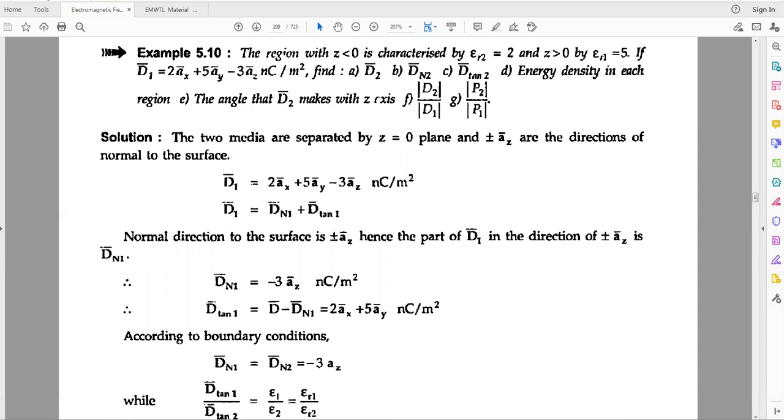If D1 bar is given as 2ax bar plus 5ay bar minus 3az bar nanocoulomb per meter square, find D2 bar.